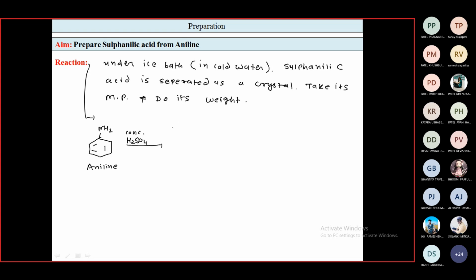So you are getting NH3+ HSO4-, an ammonium salt.